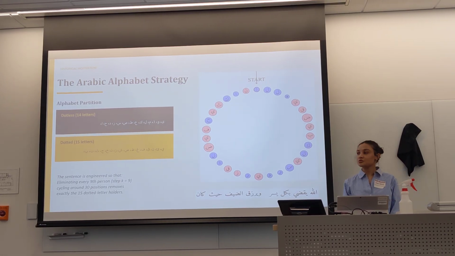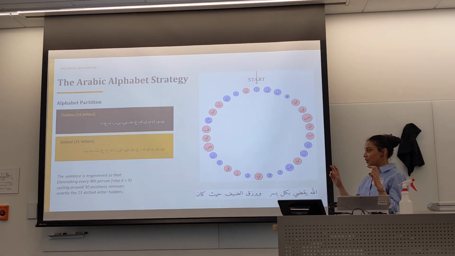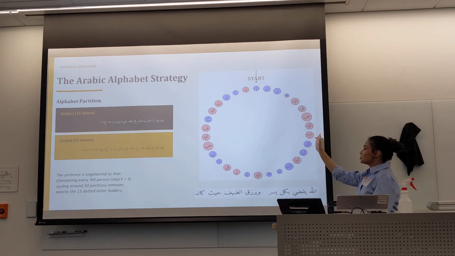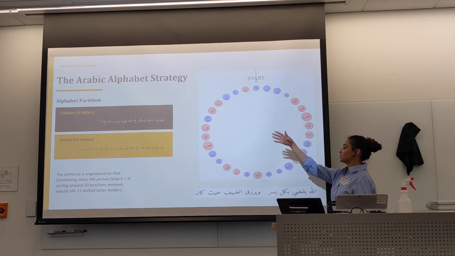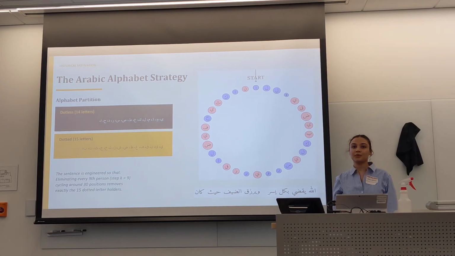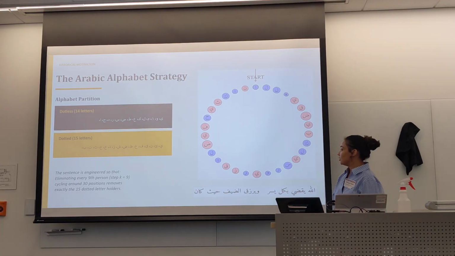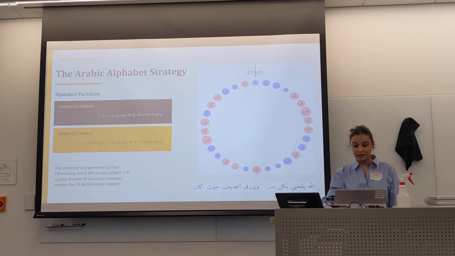For this purpose, we're going to assume that our dotted letters are the non-believers that we are going to get rid of. We count, and every ninth position is eliminated, and we keep going until we have 15 out, and that way, using that verse, we get rid of all the red circles right there.